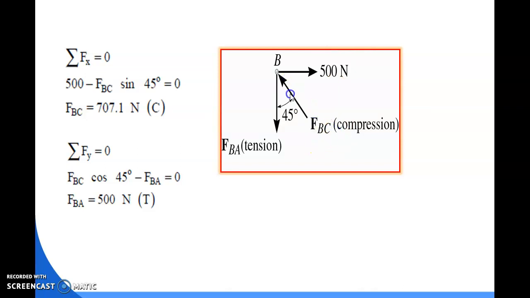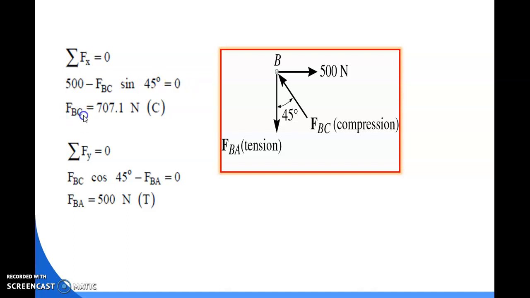By resolving this member in the horizontal direction, we can write this force as FBC sin 45, and the direction of the force is towards the left side. So it should be negative, and the 500 Newton should be positive. So 500 minus FBC sin 45 is equal to 0.